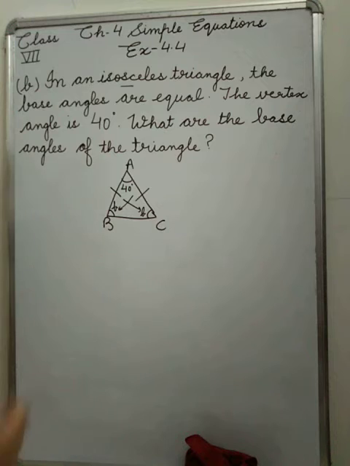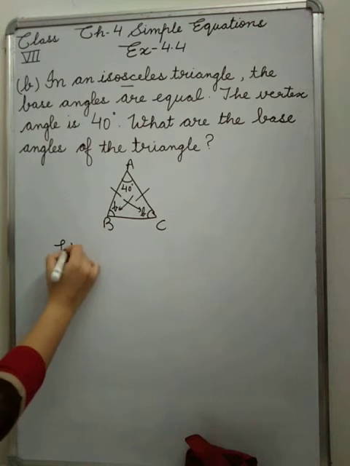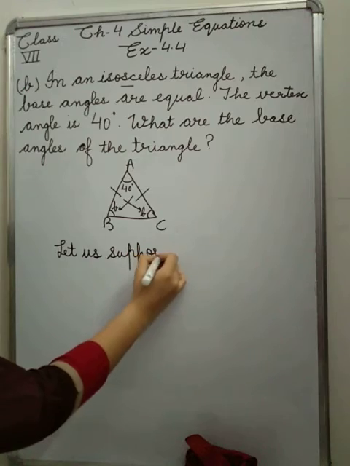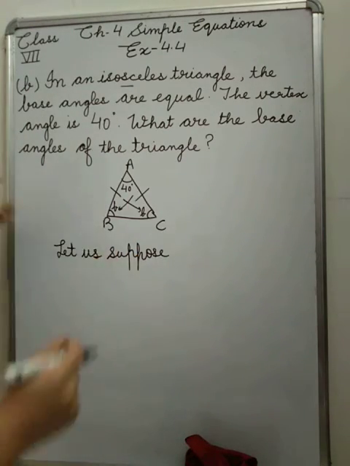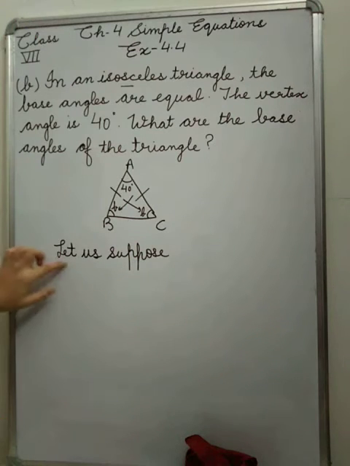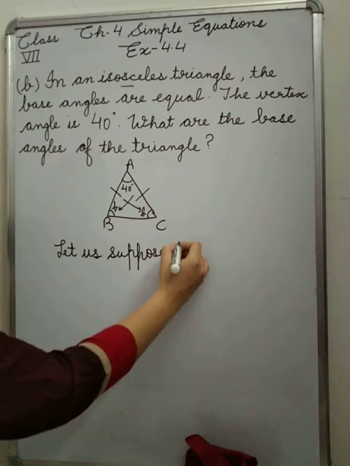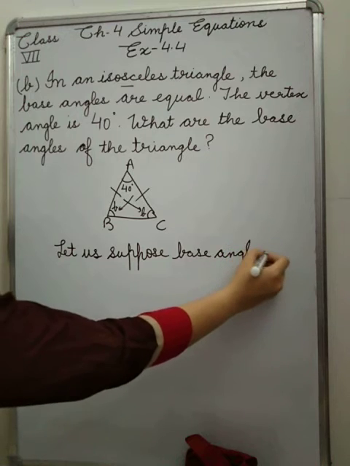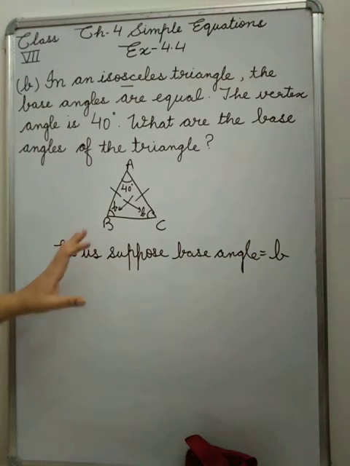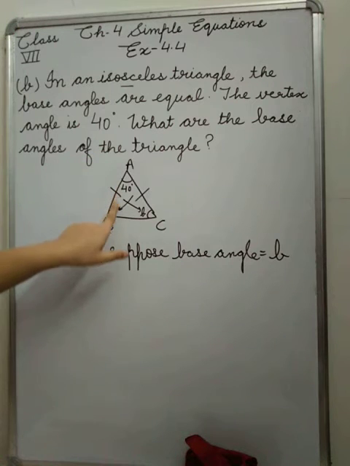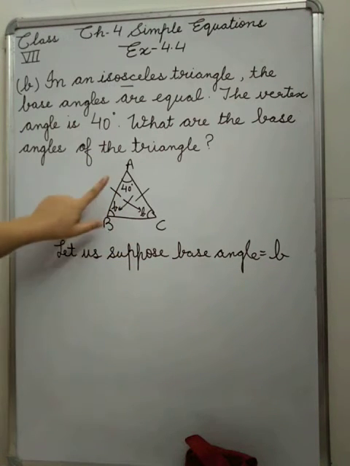Now firstly let us suppose the base angle, because they are asking what the base angles of the triangle are. So let us suppose the base angle is B. Now you have to find the value of this B. We will apply the angle sum property.